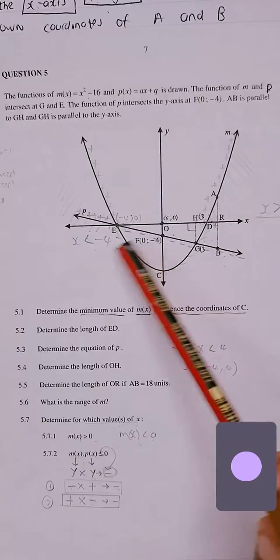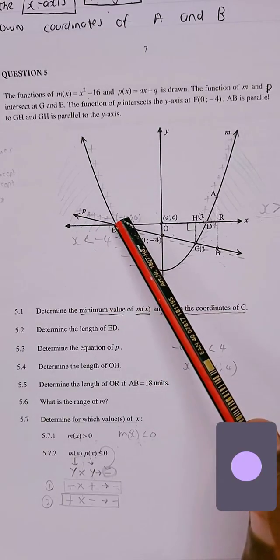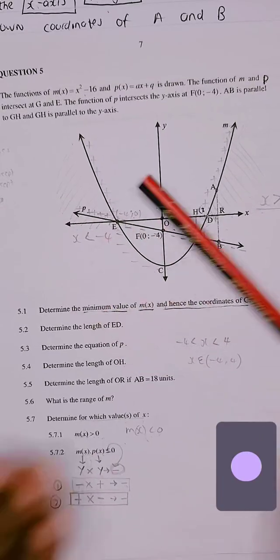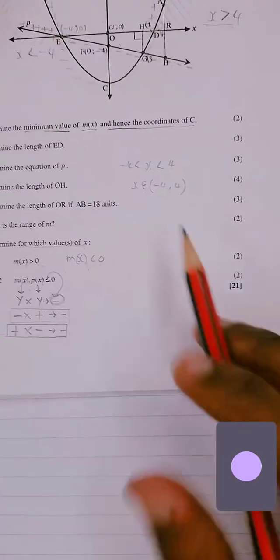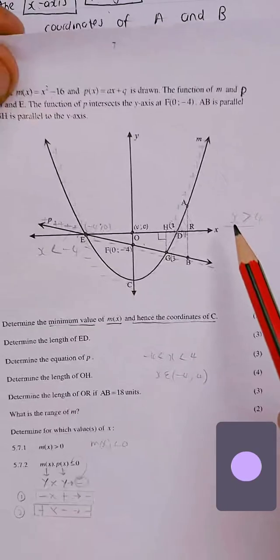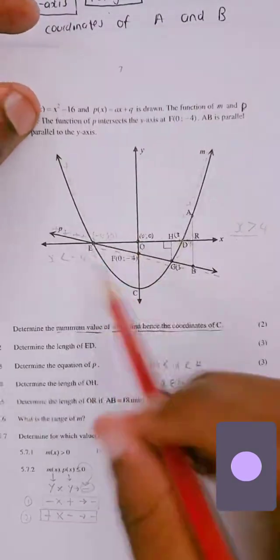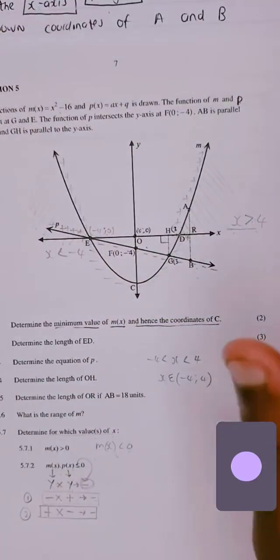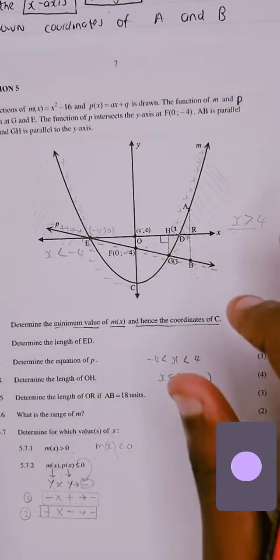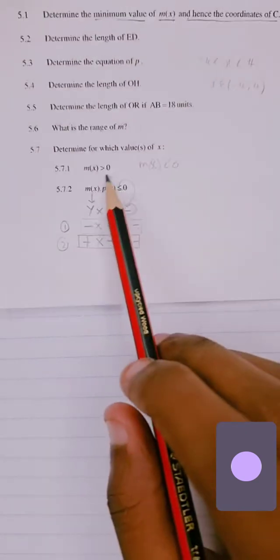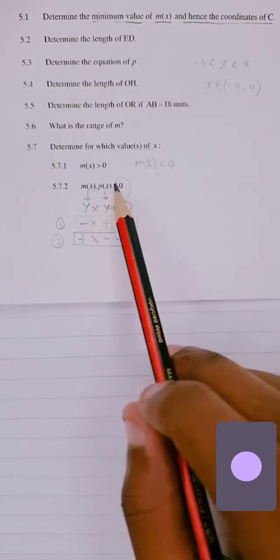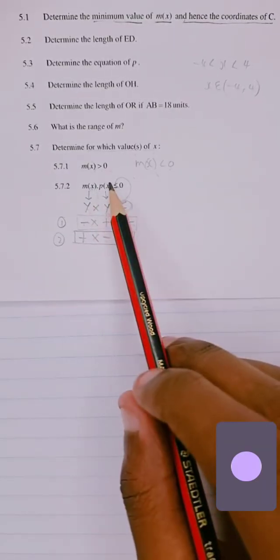Where x is less than negative 4, do we have an answer of a negative outcome? No, the outcome is positive. So there's no answer, because a positive times a positive gives us a positive. Do you catch a glimpse of what I mean? You first have to interpret this. M of x is the y of m of x. P of x is the y of p of x. Are we together?